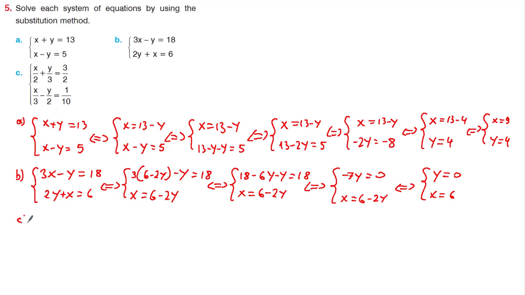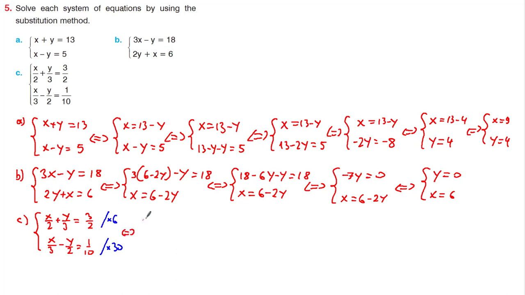Doing the same with the last system, here we can clearly see we have some fractions. In order to get rid of those fractions, we will perform the same operations as previously. We will multiply by a number to get rid of all these denominators. If you multiply the first fraction by 6, which is the least common multiple of 2 and 3, and the second fraction by 30, you will get rid of all these fractions.